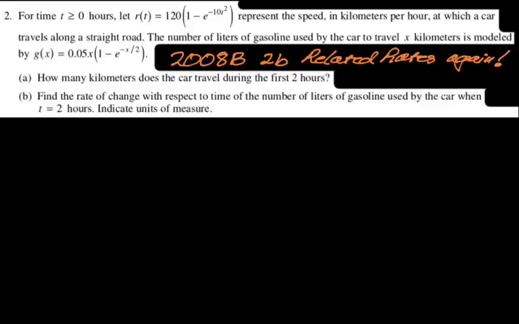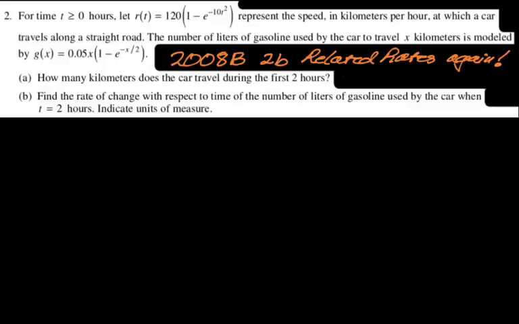All right. Basically the same problem in my mind was 2008 B 2B, and again it's related rates, chain rule. So what do we know in this one? R of t is speed in kilometers per hour at which a car travels along a straight road.